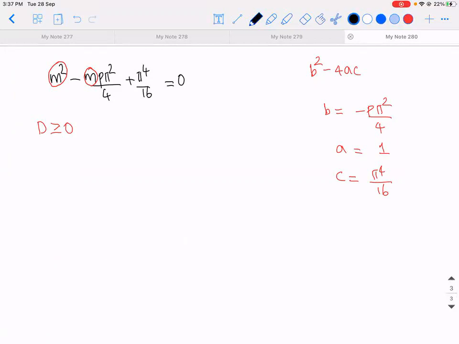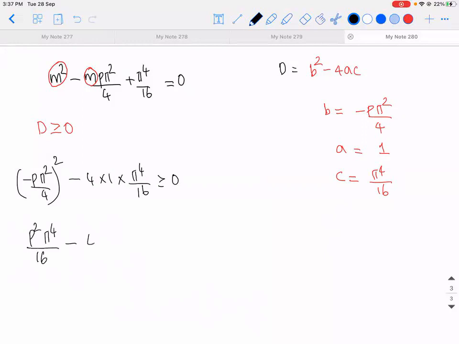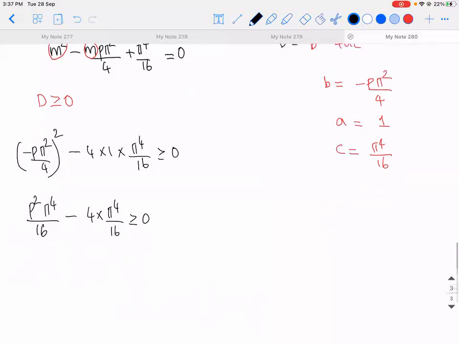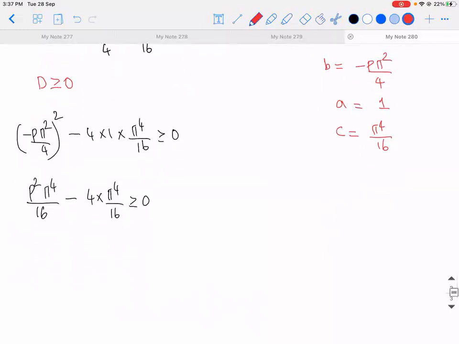That means the discriminant should be greater than or equal to 0. That is our discriminant: minus p pi square by 4 whole square minus 4 times 1 times pi raised to 4 by 16 should be greater than or equal to 0. So it eventually becomes p square pi raised to 4 by 16 minus 4 times pi raised to 4 by 16 should be greater than or equal to 0. So simplify this.